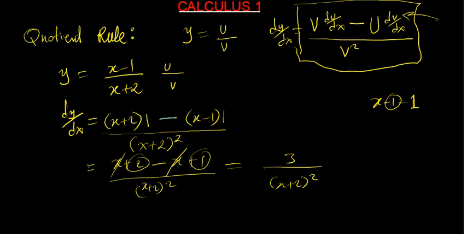A what? Positive what? So we've got a 2 here. We've got a 1 there. That's a positive 1.